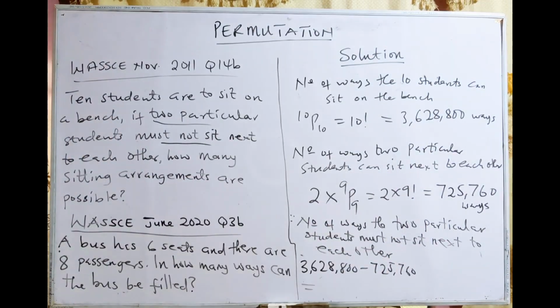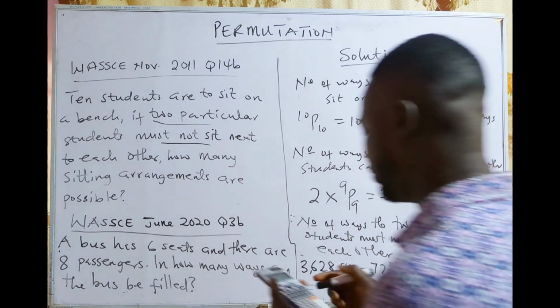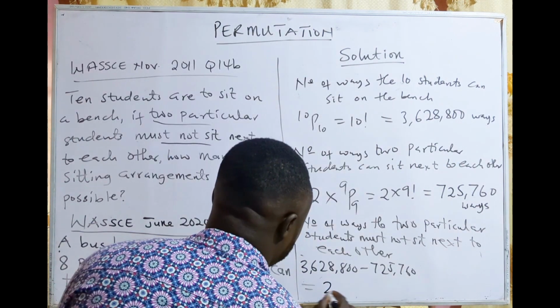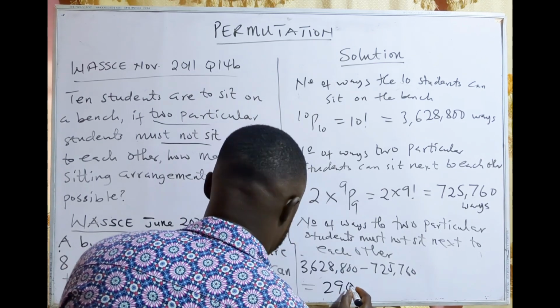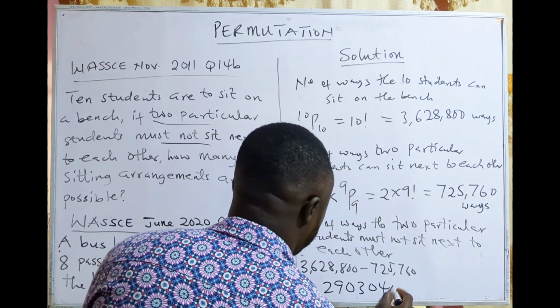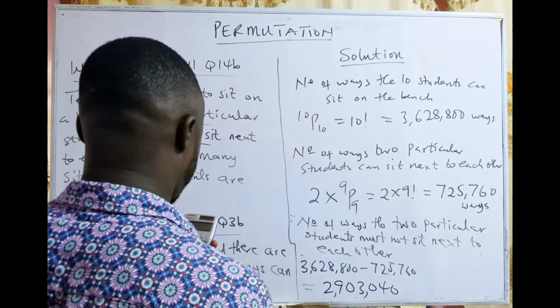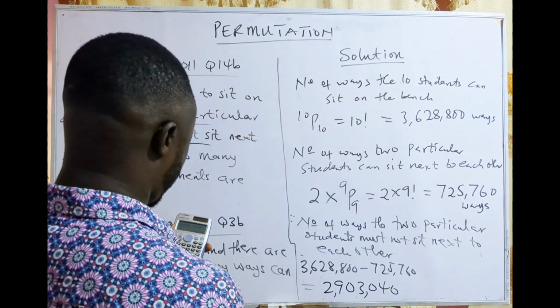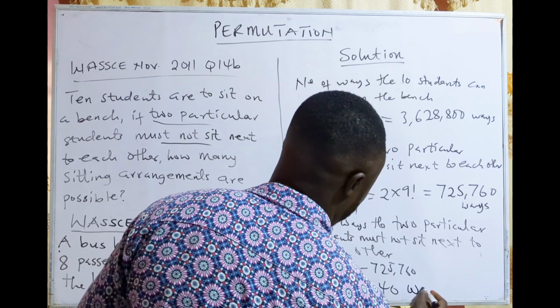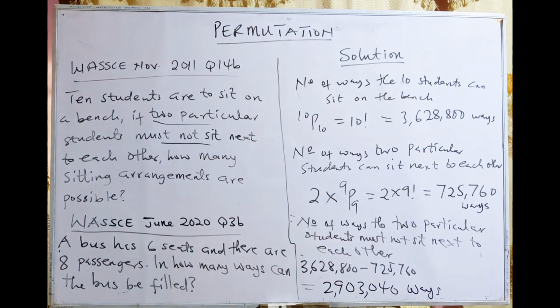All right, so let's subtract 3,628,800 minus 725,760. Okay, so that will give me 2,903,040 ways.